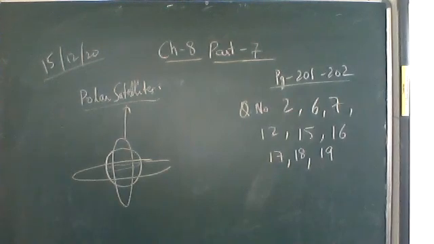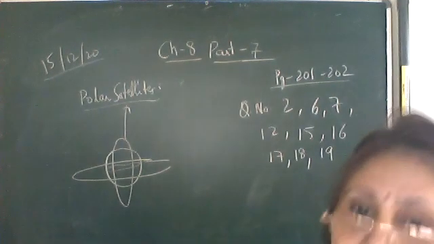Then question number 6: if the zero of potential energy is at infinity, the total energy of an orbiting satellite is negative of its kinetic energy or its potential energy? I had already written that total energy is negative of kinetic energy.